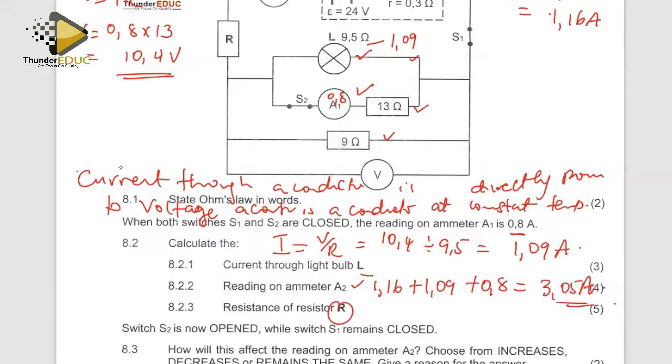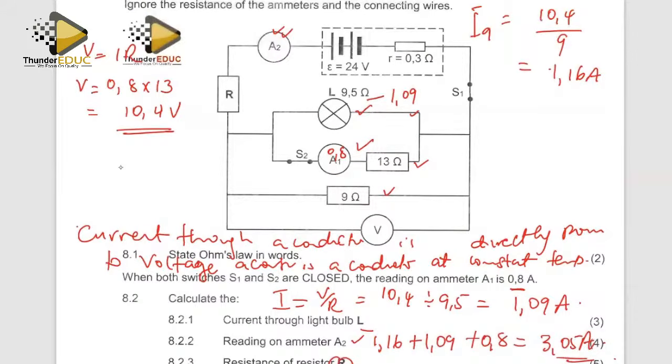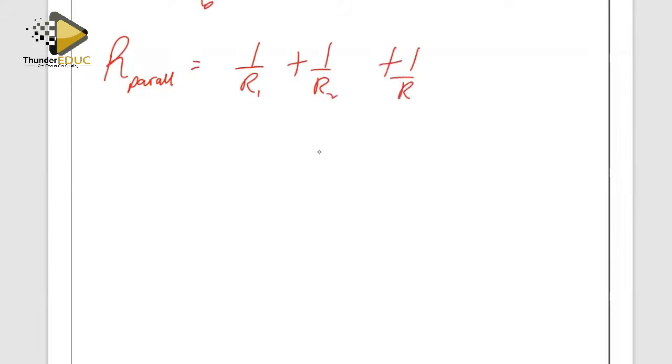And then they want us to get the total resistance R. Now, since these three are in parallel, I need to find the effective resistance of this parallel combination. So R of the parallel is going to be 1 over R1 plus 1 over R2 plus 1 over R3.